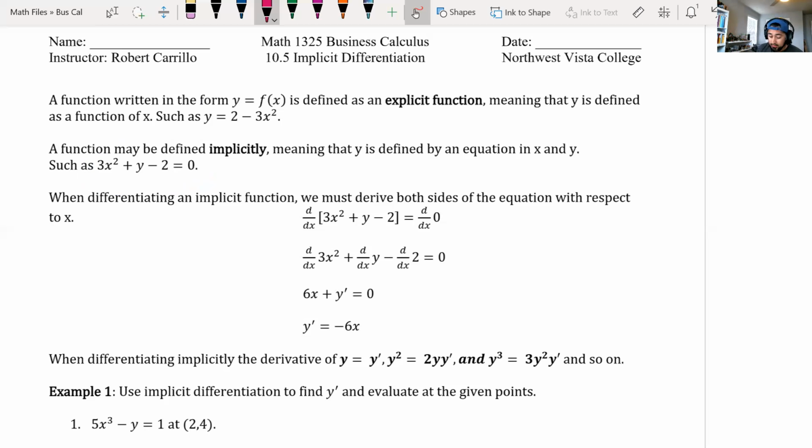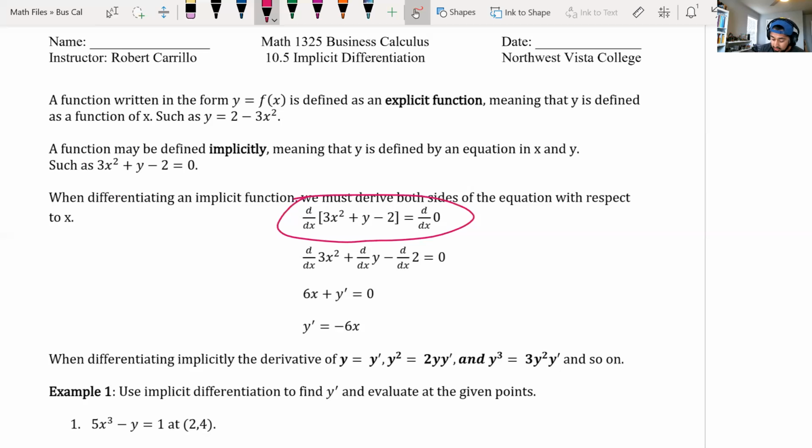All right. So when you are differentiating implicitly, you derive both sides with respect to x, as you see here on the first step. So we would say d over dx of 3x squared plus y minus 2 equal to d over dx of 0. So you apply the derivative to both sides.